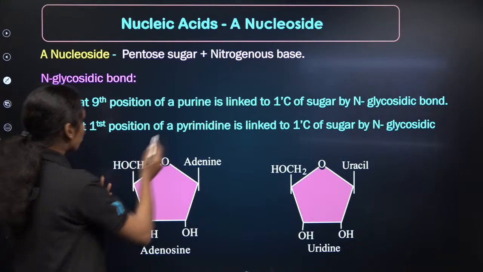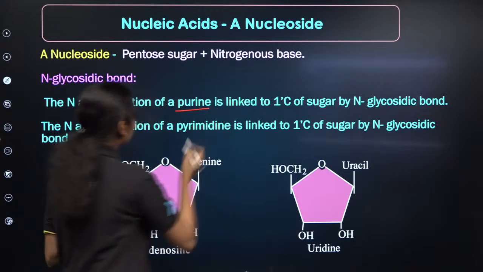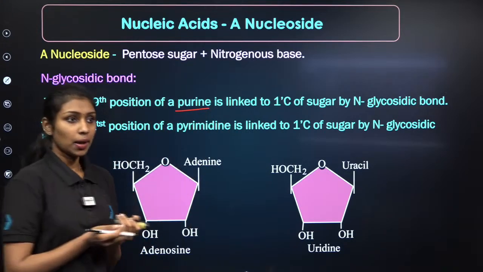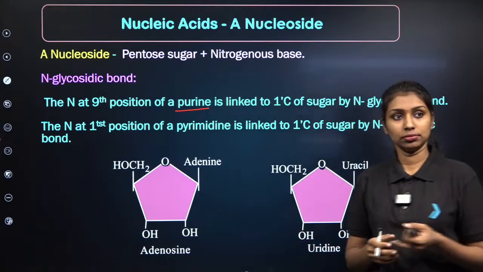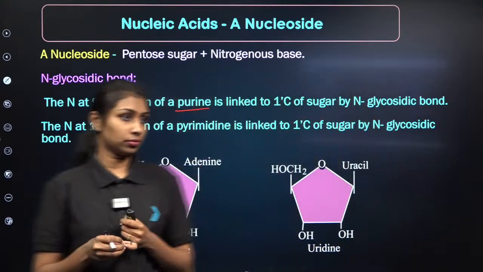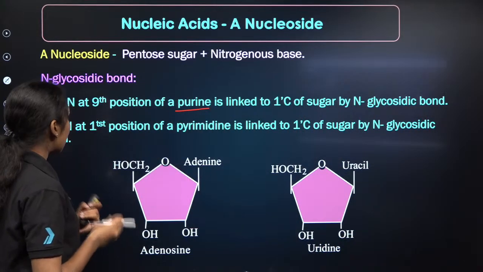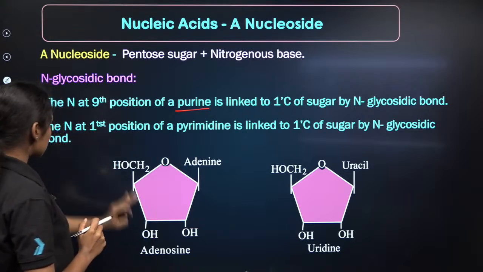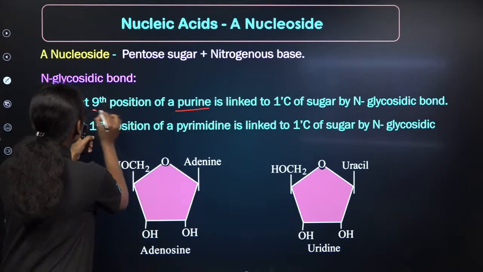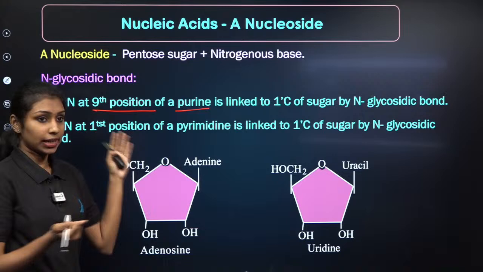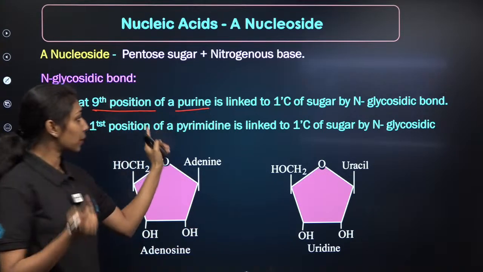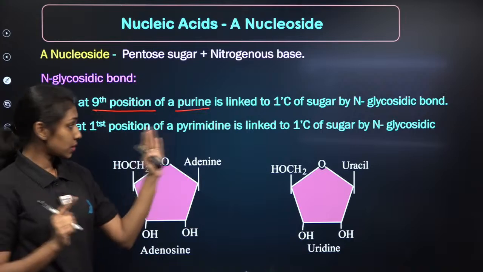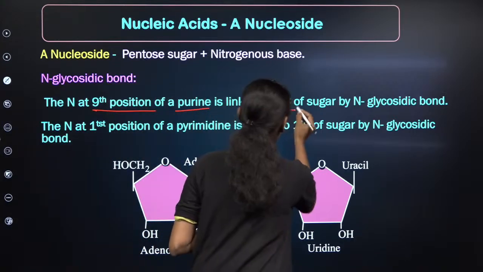If you are considering purines, what are the purine nitrogenous bases? Adenine and guanine. So we can say that the nitrogen at the 9th position of the purine is bonded to the first carbon of the sugar by the N-glycosidic linkage.